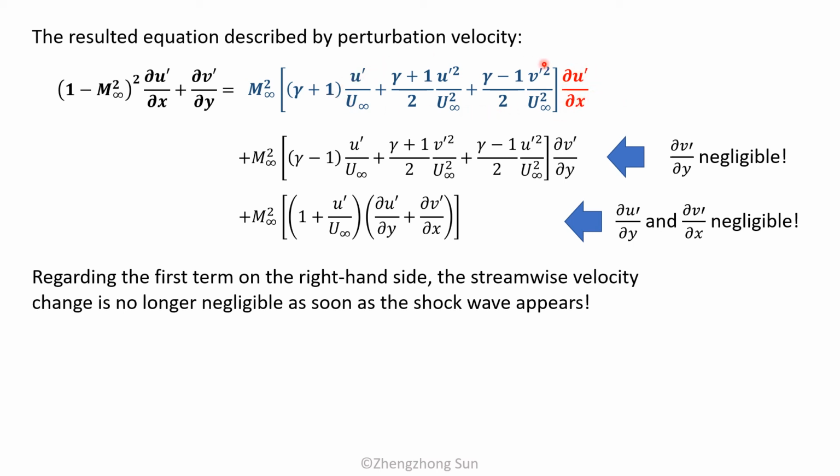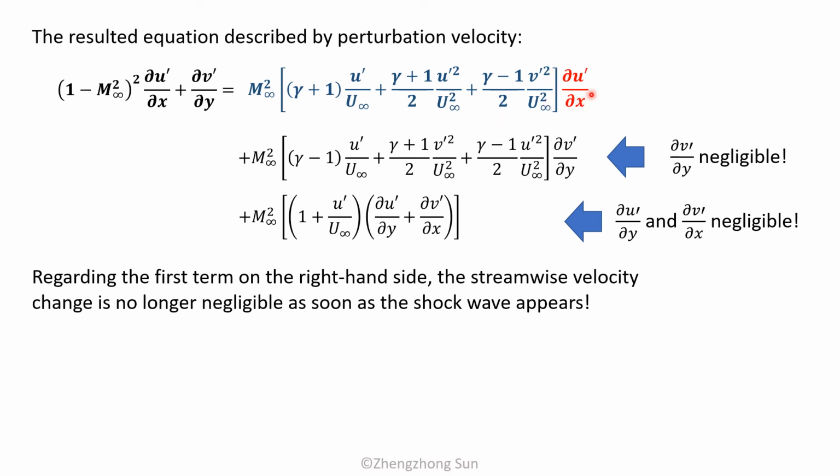For the rest in the bracket, we have u prime over u infinity, so it has a magnitude of far less than 1. And it's the same for u prime divided by u infinity. It's also a very small number. Two or three smaller terms added together are still smaller terms.